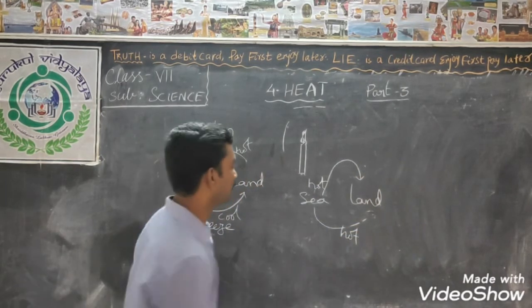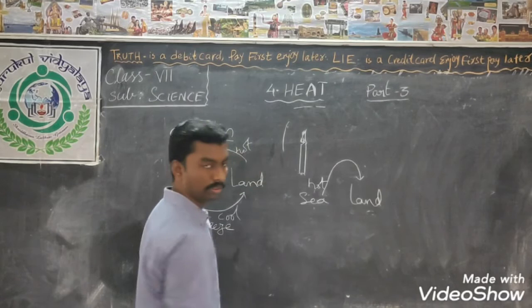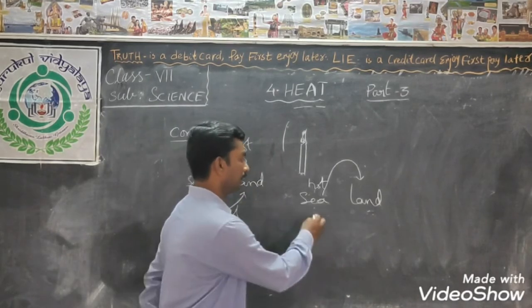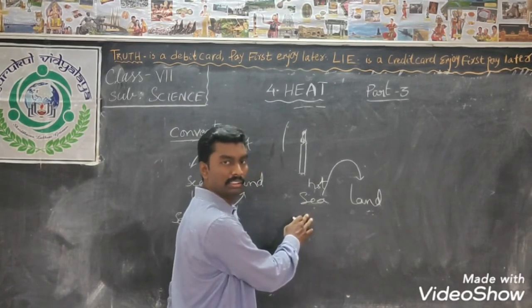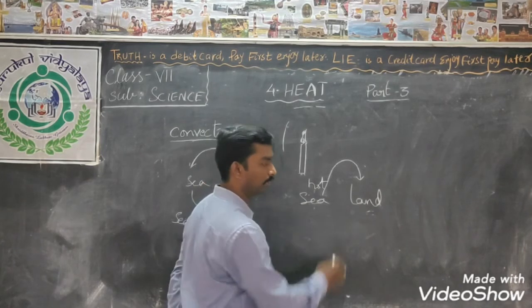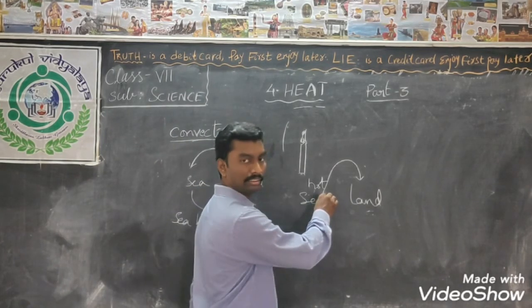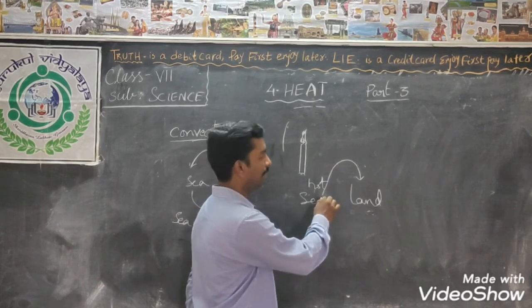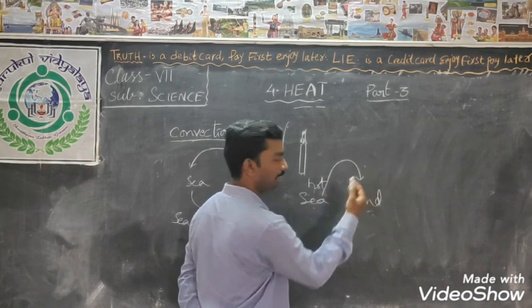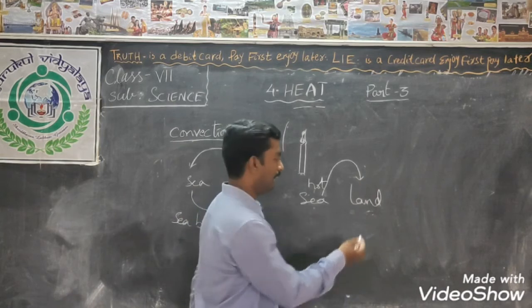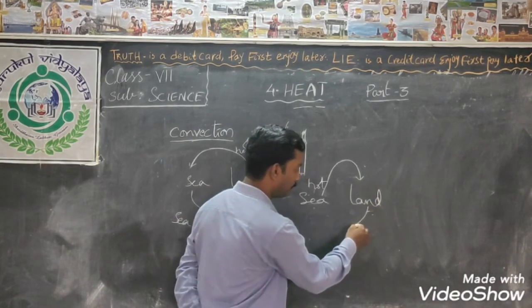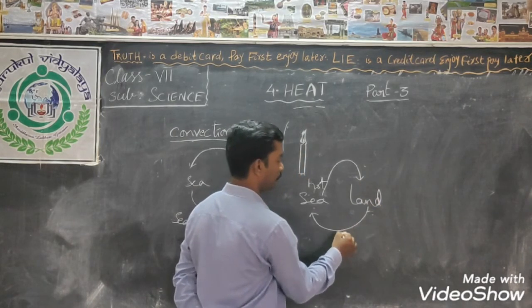So now do you understand here? At the night time, the sea is with hot water, and land will be cool. So what is happening? The hot air from the sea at night time travels to the land, and from the land, the cool air goes to the sea.